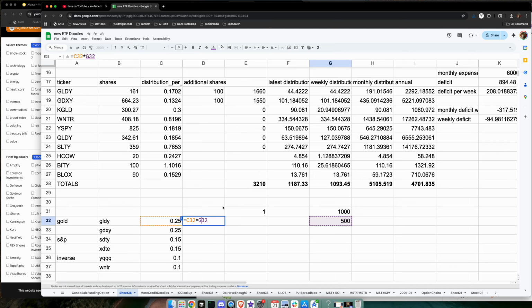I'm not sure if this even makes sense, or if anyone's following me right now, but basically every week that I bring in $1,000, I'll put $125 into GLDY, $125 into GDXY, $75 into SDTY, $75 into XDTE, $50 into YQQQ and $50 into winter.